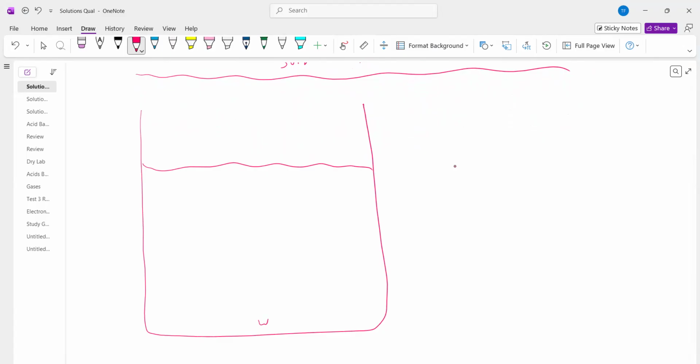So this is water, and we've got a cube of salt. Now, salt, as you all know, is sodium chloride.